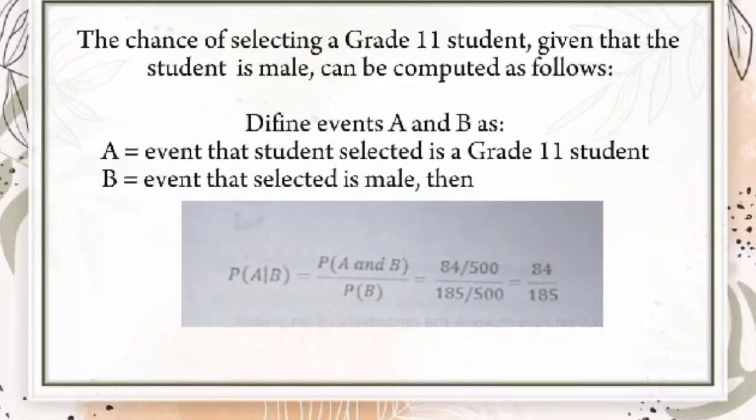Then P(A and B) equals 84 over 500, P(B) equals 185 over 500, so P(A given B) equals 84 over 185.